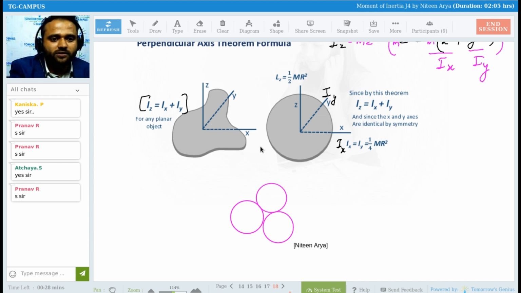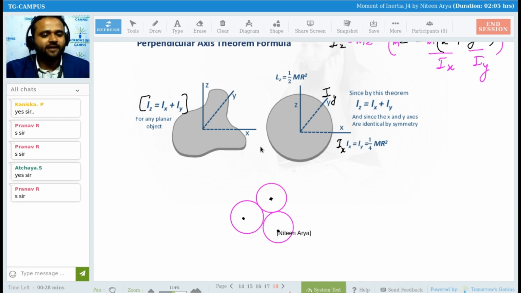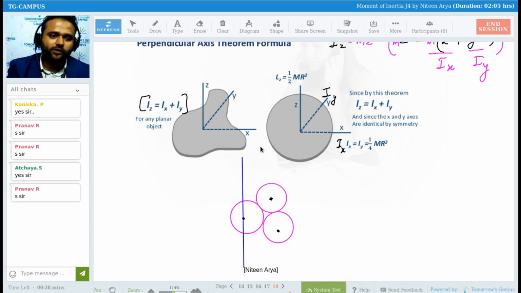Okay, so suppose these are 3 circles, or you can say discs. These are rotating around their center of mass initially. But what I'm saying right now is, I want to find the moment of inertia only about this axis for this body.